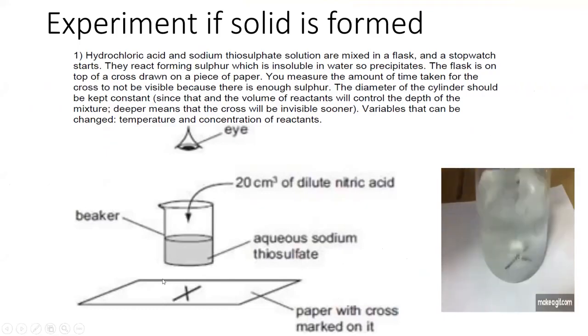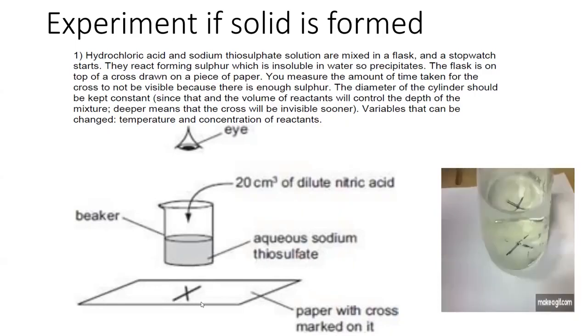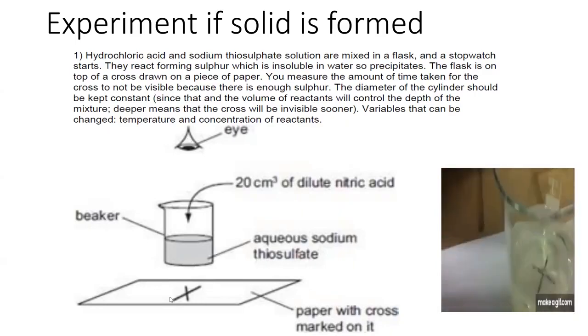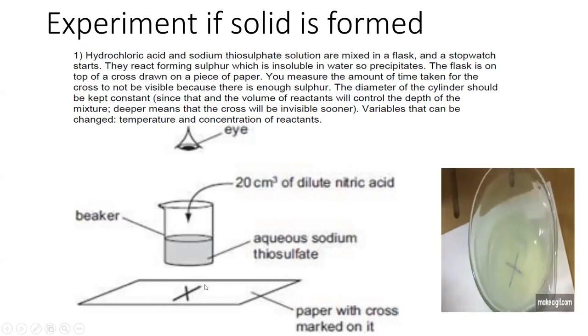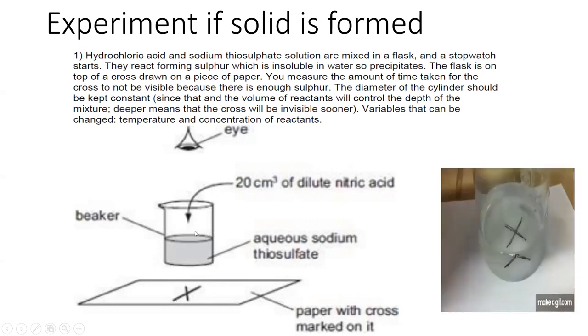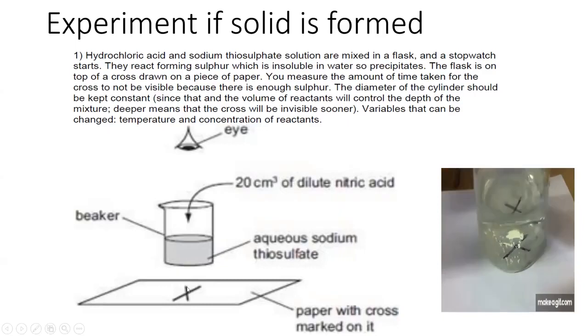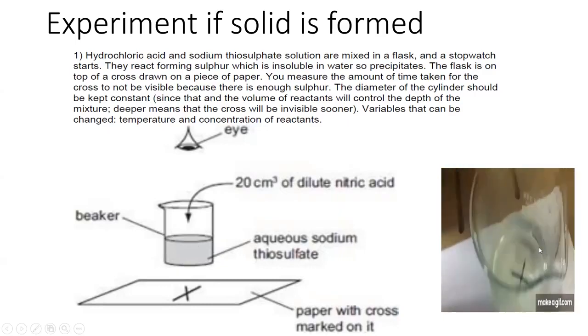How do we use this technique to measure the rate of the reaction? We first mark a cross on a paper, and on top of this paper we place a beaker.